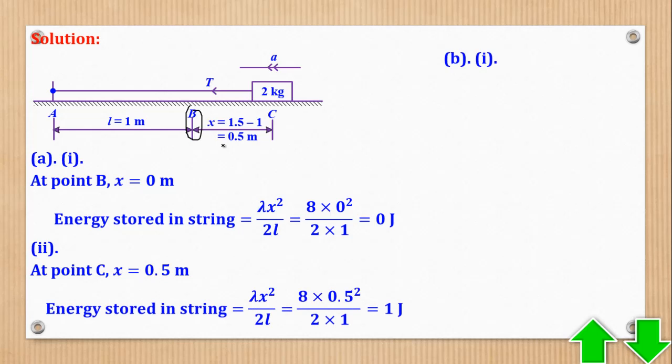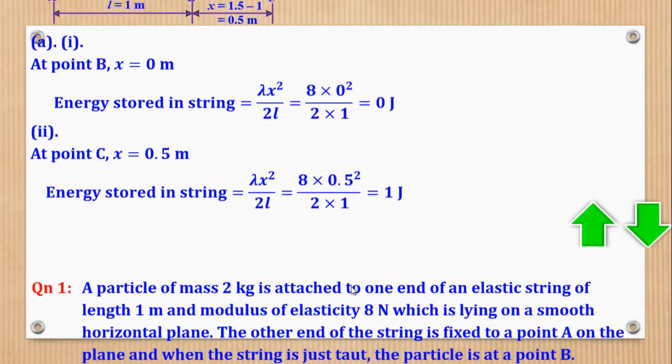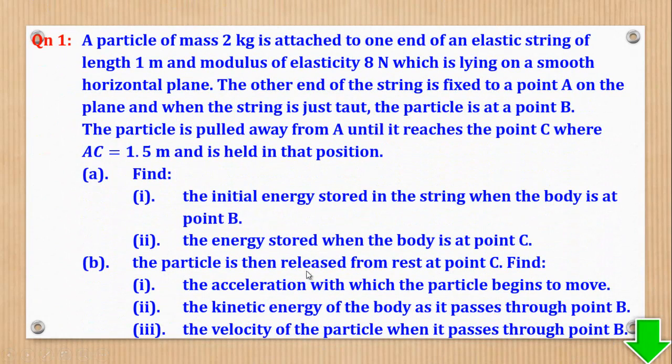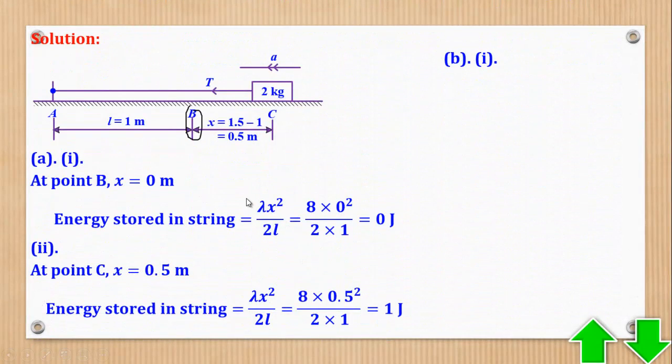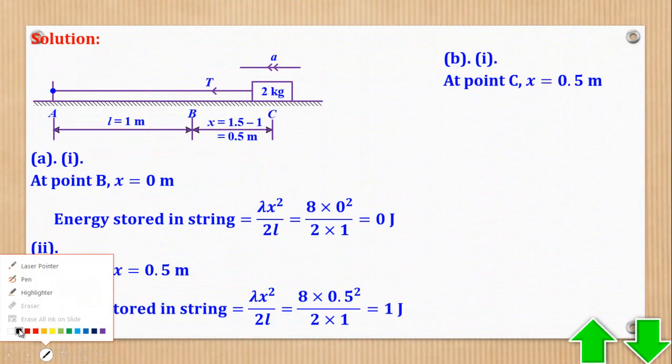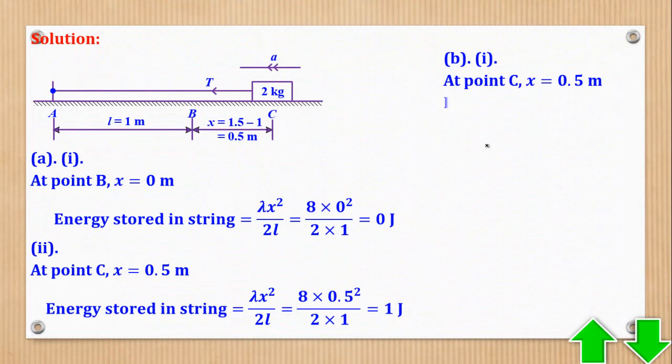Then now part B. Part B, they said, let's see. The particle is then released from rest at point C. Find the acceleration with which the particle begins to move. So at that point, we know that Hooke's law, we can get the force.